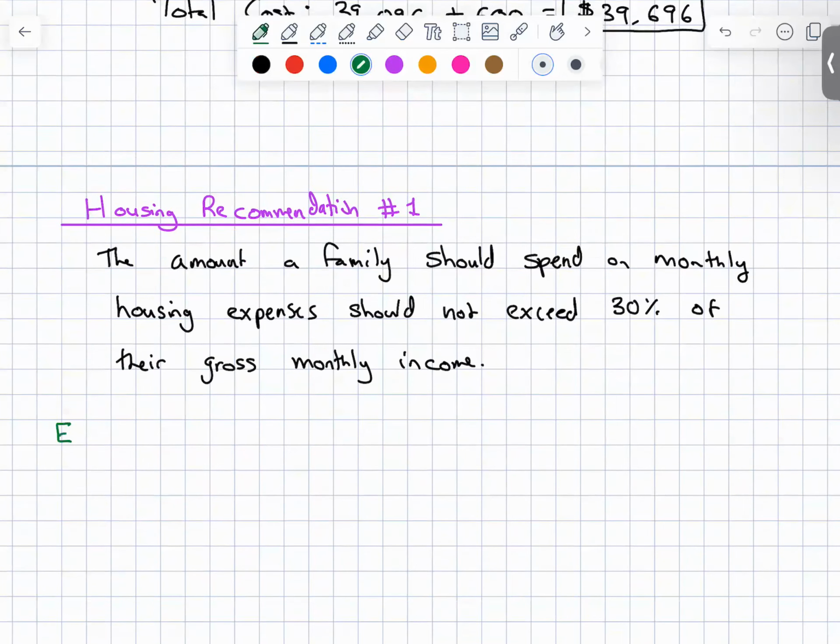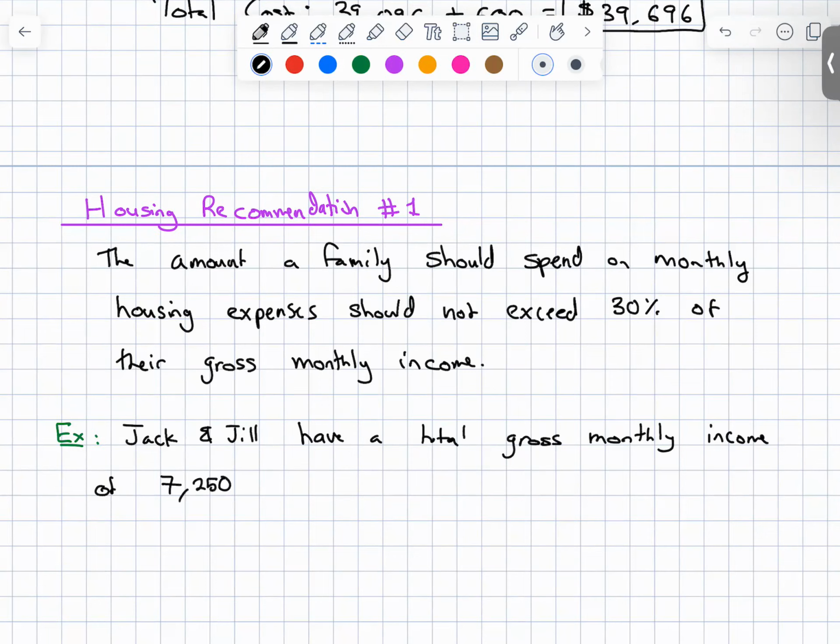So, example: Jack and Jill have a total gross monthly income of $7,250. That's their gross monthly income, not their salary, not their yearly income.